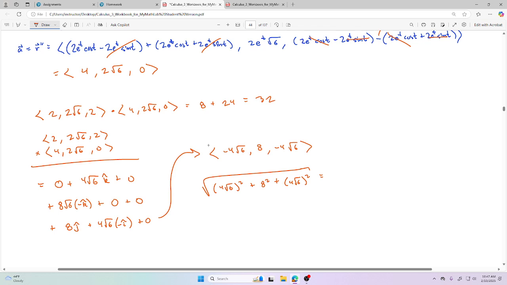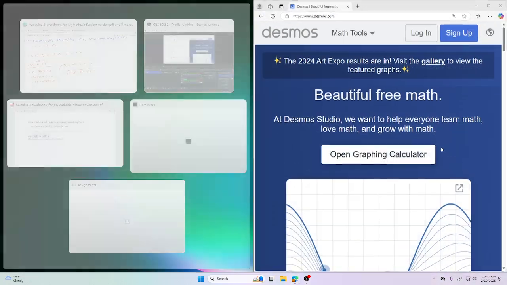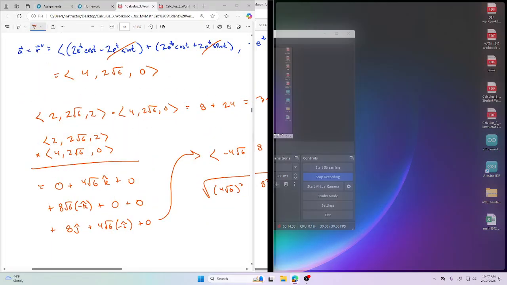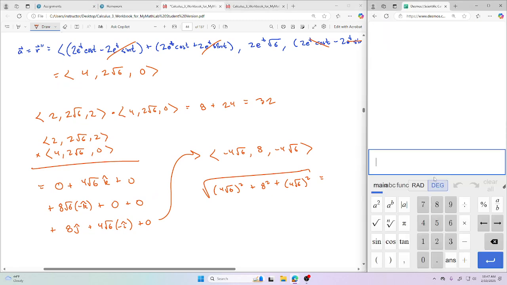So exactly, we got 16 times 6 is 96, and then times 2 though. Okay, hold on. That's time for a calculator. So yeah, 16 times 6, but then times 2, because there's 2 of them there. And then plus the 64.